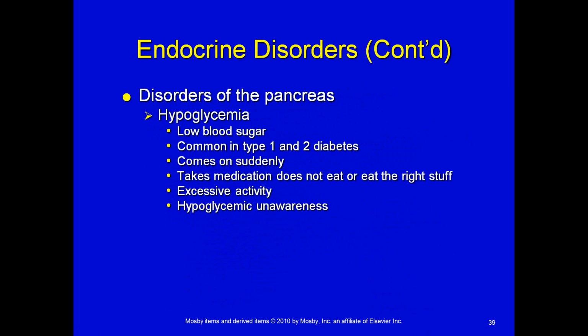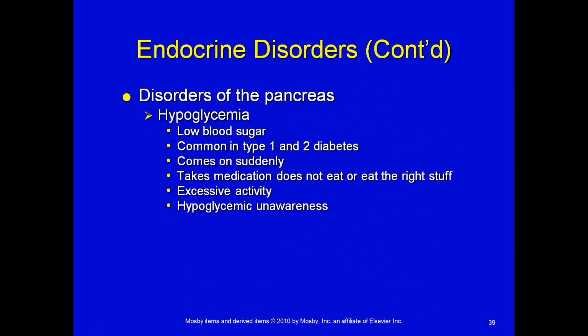Now, another disorder of the endocrine system is a disorder of the pancreas, in which case you're going to get two different presentations, certainly hypoglycemia or low blood sugar, which we know in a type 1 or type 2 diabetic. Type 1 requires insulin to manage their disease, and type 2 requires exercise, diet, medication, and perhaps insulin, depending on the severity of their type 2.